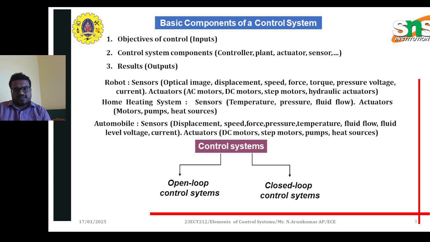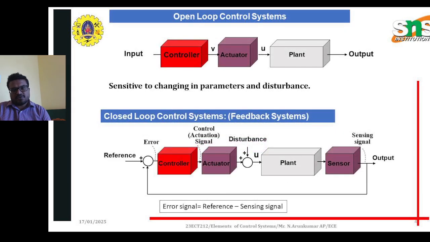Next are the basic components, followed by the objective, control system components and results. There are two types of control systems: open loop and closed loop control systems. In an open loop control system, we don't have any feedback, because once we give an input to the controller, we automatically get the output based on the input signals.